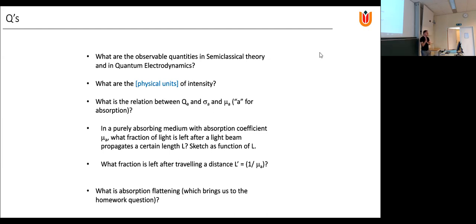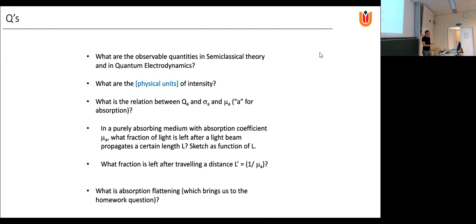Intensity as a function of length. It's given by Beer's law, so that would be an exponential decay. That's on the next slide, so I'm not going to draw it now.